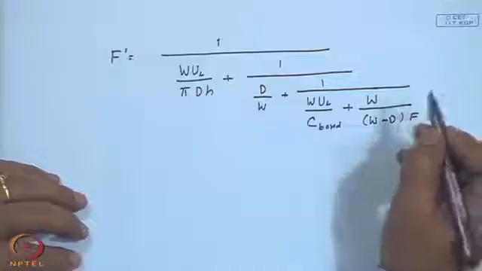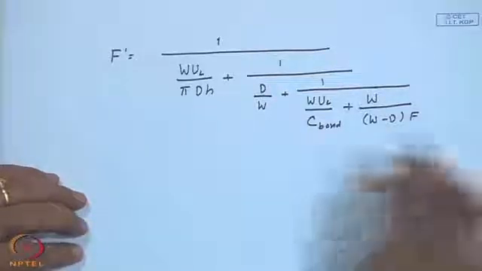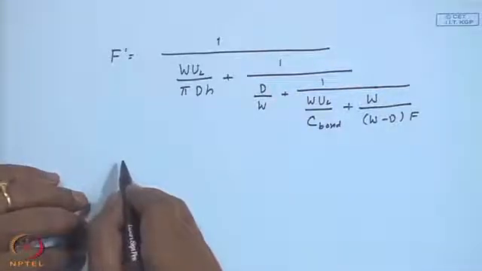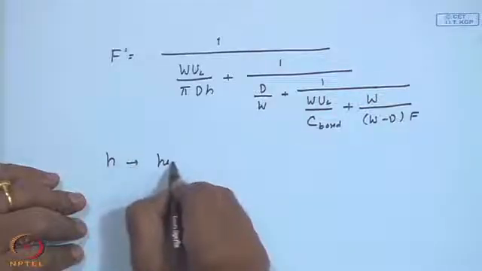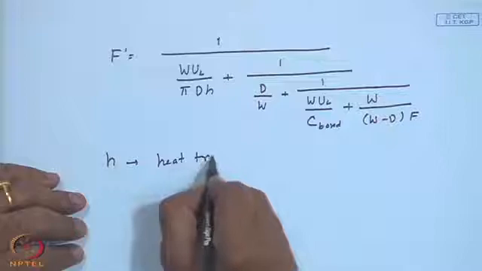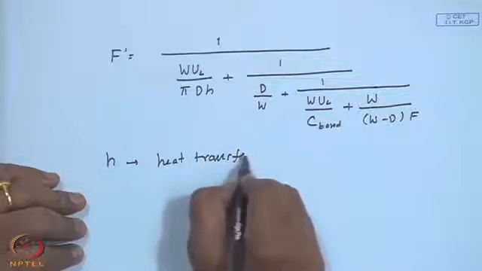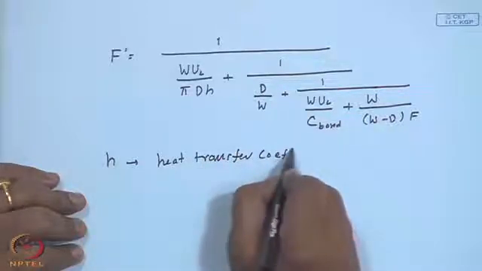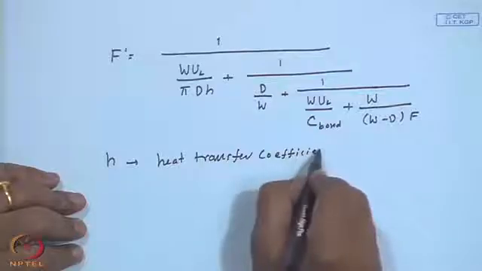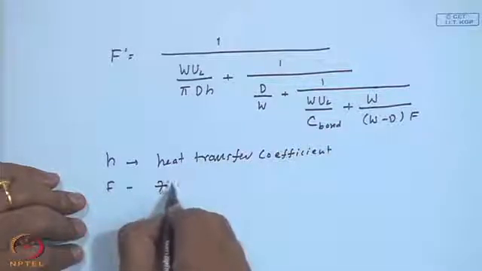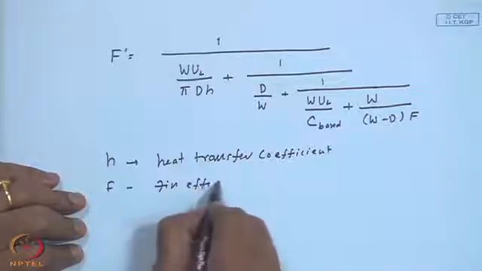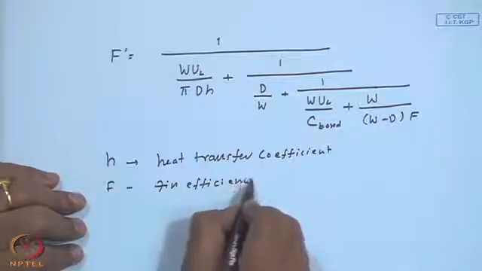What needs to be perhaps reminded is h is the heat transfer coefficient inside the tube, and F is the fin efficiency, and F dashed, U L, D, W, they remain the same.